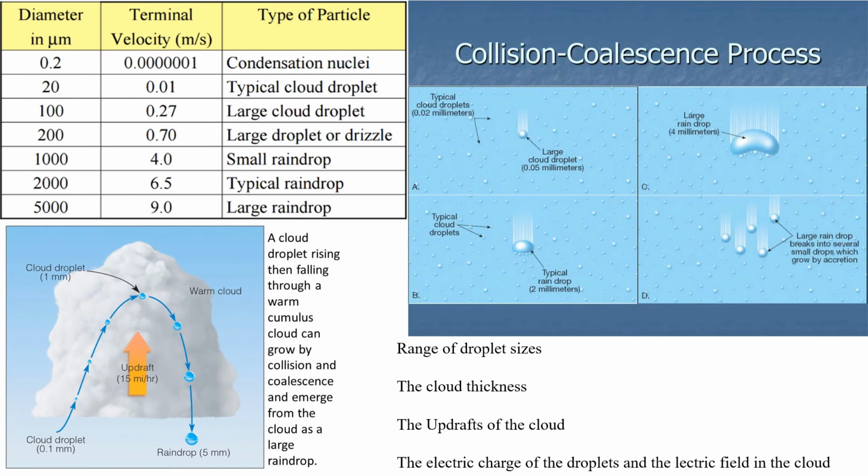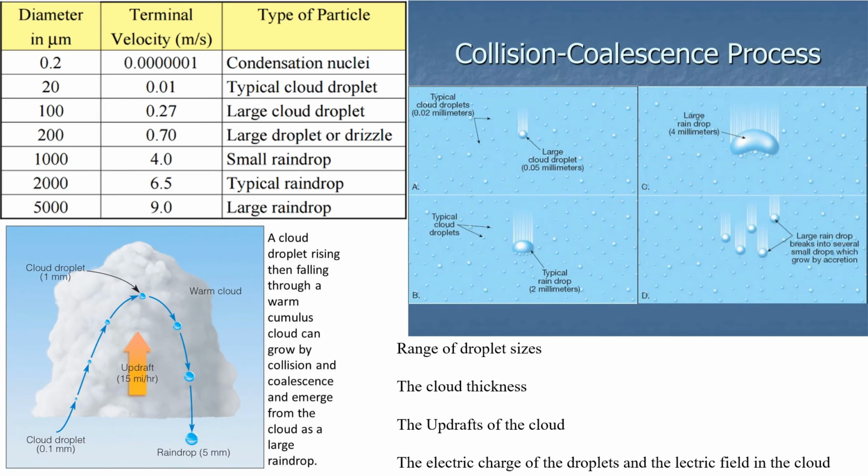A relatively thin stratus cloud with slow upward air currents is at best only able to produce drizzle, smaller droplets. Whereas towering cumulus clouds associated with rapidly rising air can cause heavy showers.